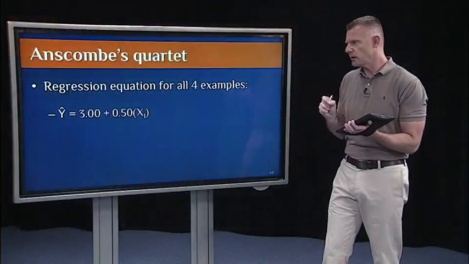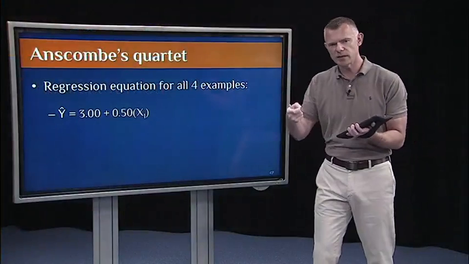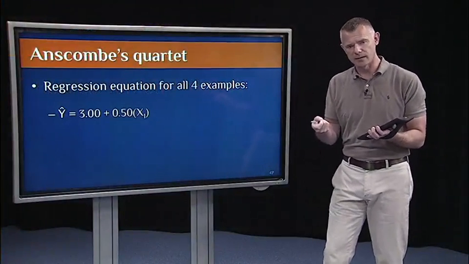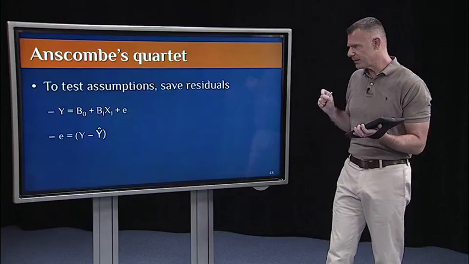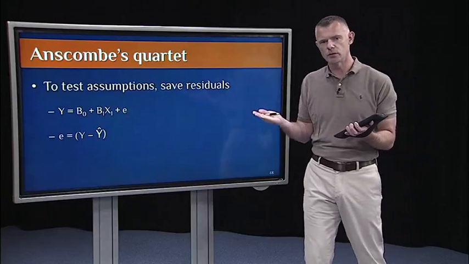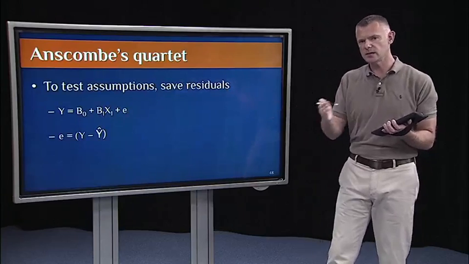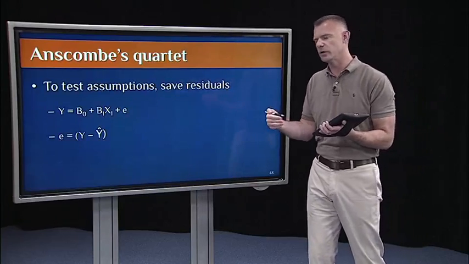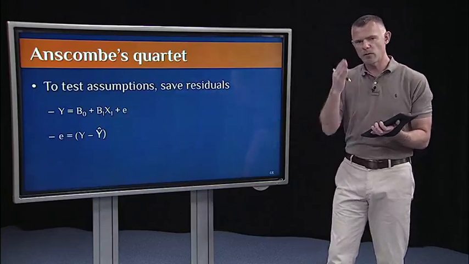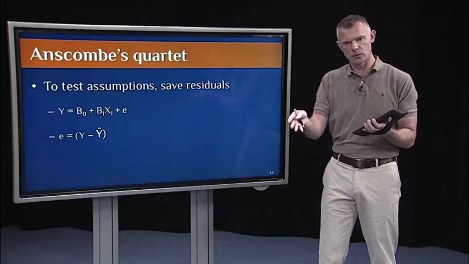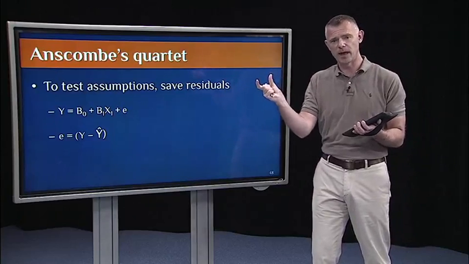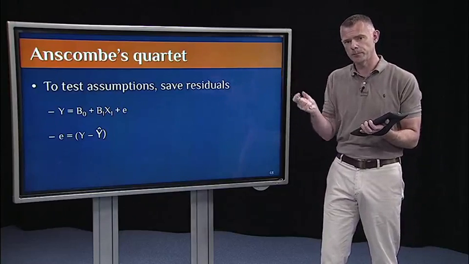So how can we do a more sophisticated statistical analysis to test those assumptions? Well, to test them, we can save the residuals. And this is easily done in R. We're going to do it in lab this week. But remember, for each individual, we're going to have a predicted score and we'll have their actual score. So it's a very simple step to just save the residual.